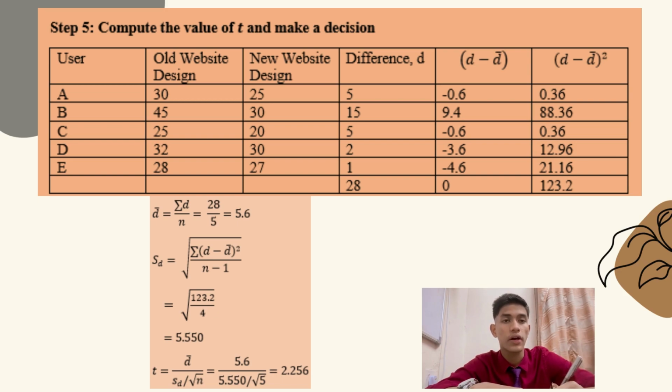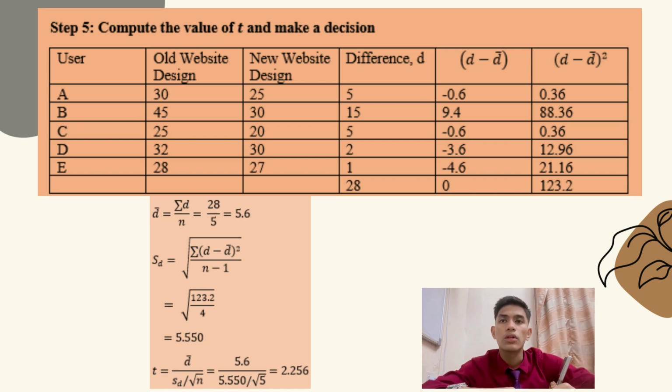To find d minus d bar, first we need to find d bar. The way to get d bar is the sum of the differences divided by the total number. The d bar we get here is 5.6.